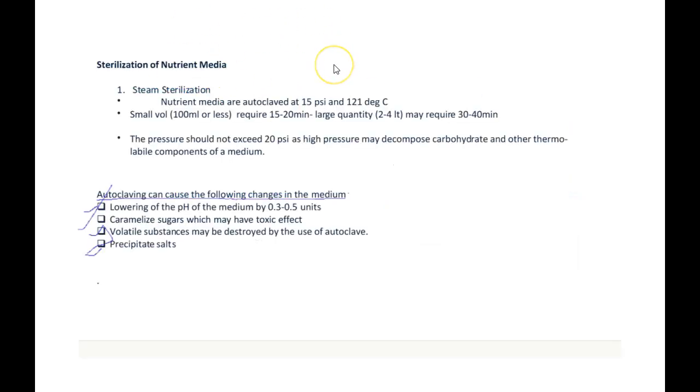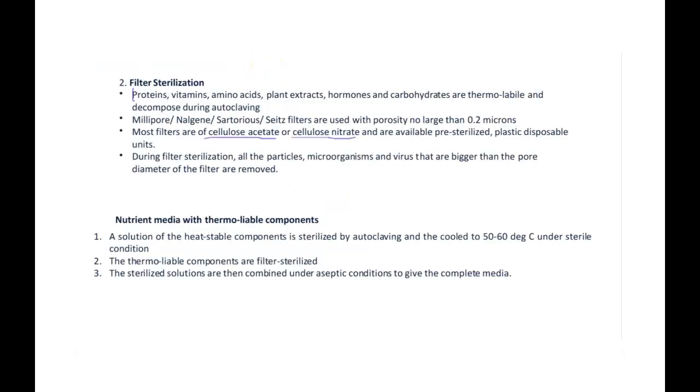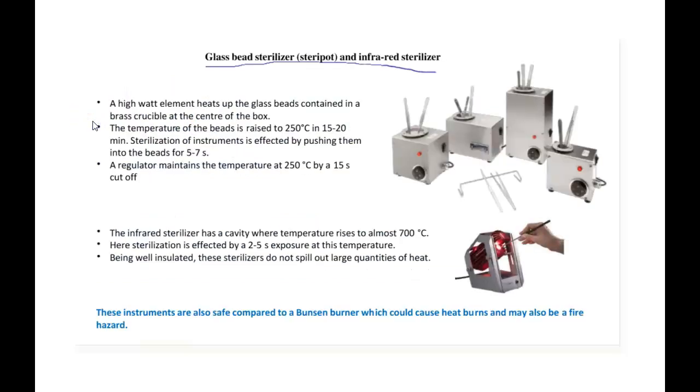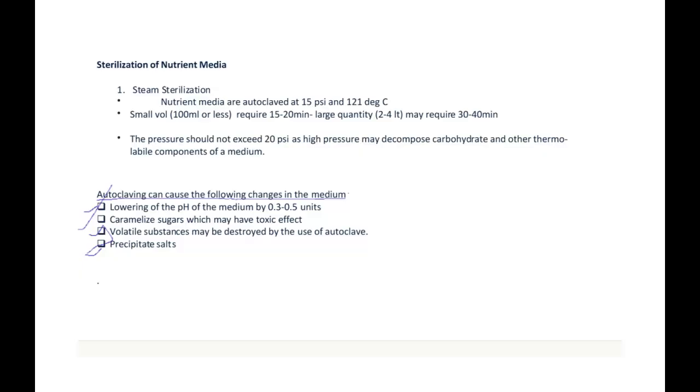If we talk about the sterilization of nutrient media, there are two different kinds of sterilization. First is steam sterilization, and second is filter sterilization. In steam sterilization, nutrient media are autoclaved at 121 degrees centigrade for 30 to 40 minutes.